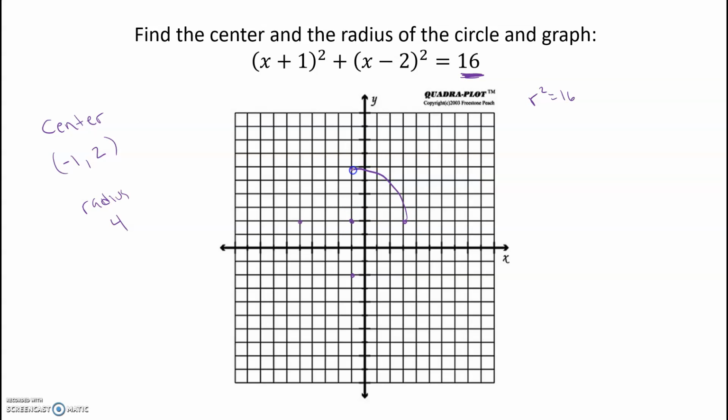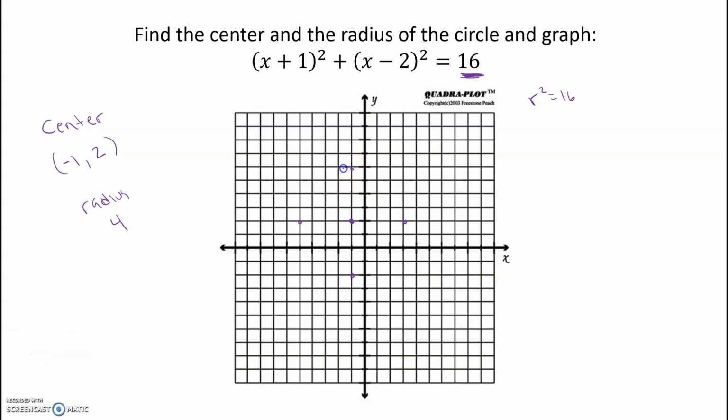Now my circle is going to look terrible. Hopefully you're better at circles than me. This is very hard on this software. But that should be a circle. I'm sorry, guys. I can try again, but doubtful that it'll be any better. Okay, let's try that again.